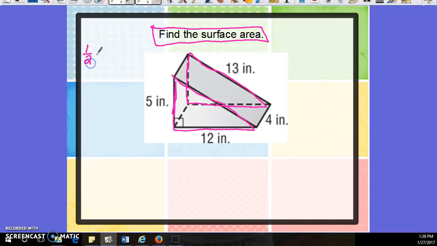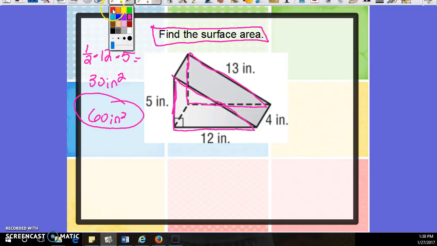So 1/2 times base times height gives us what? 30 inches squared. And there are 2 of them. So if there are 2 of them, how much is that going to be? 60 inches squared. All right, so this is for our 2 triangles.